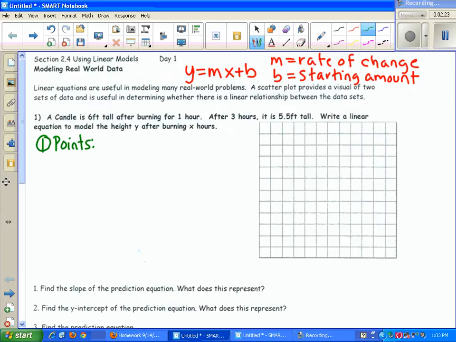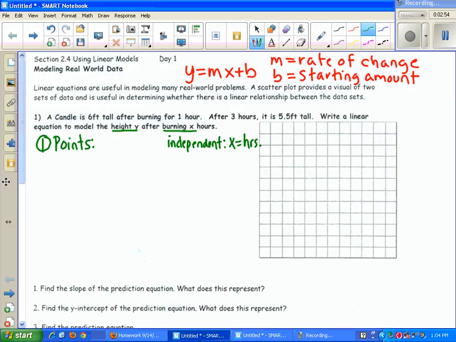So the points that they gave me, it says a candle is 6 feet tall after burning for an hour. And notice in the problem that it says height is the y after burning for x hours. So that means that our independent variable, which I'm going to write up here, is always our x, which in this case stands for hours.